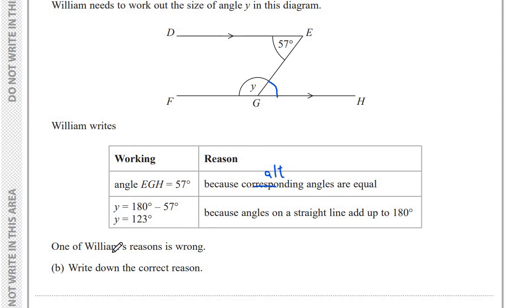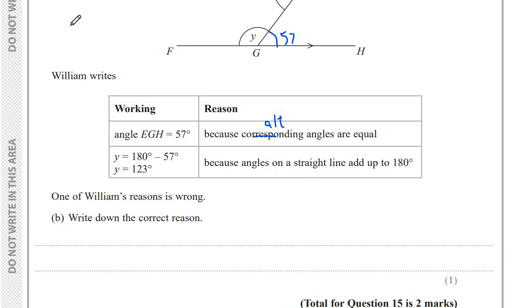And then, once you get that this is 57, all you need to do is subtract from 180 and you'll get your Y value. So this part is correct, but the first reason that he has put is incorrect.